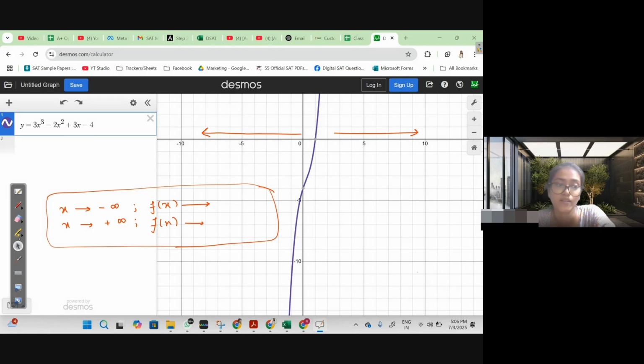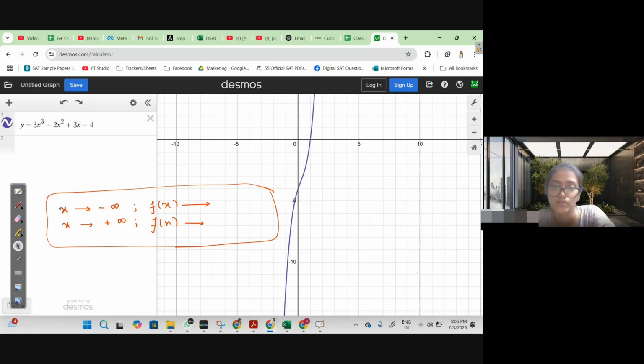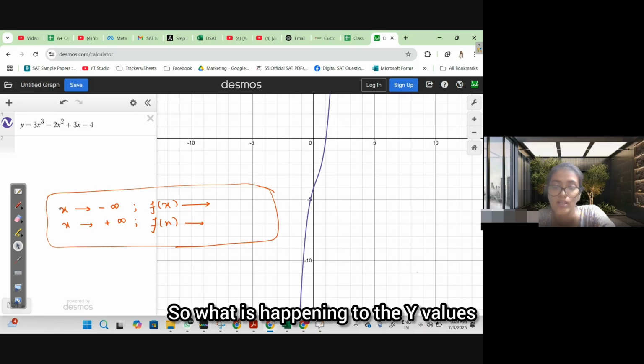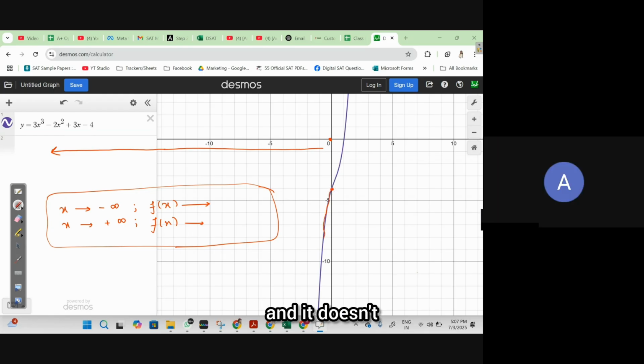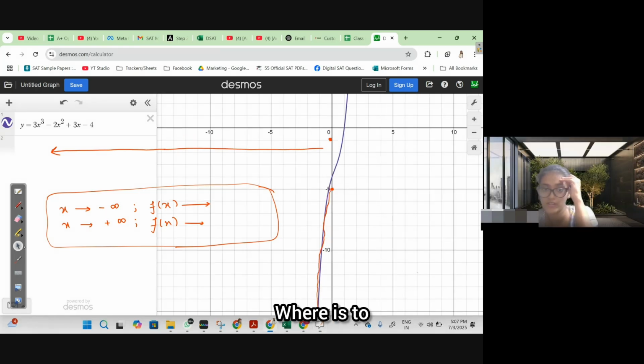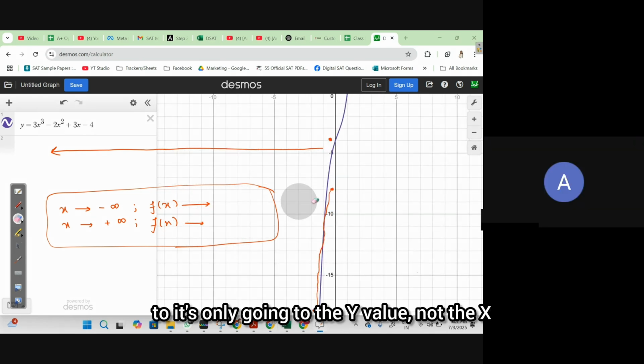As you change the x values, what is happening to the y values? That's the question. Look at the graph from this point. Won't it cause the y values to move in opposite directions? No, where is the graph going?